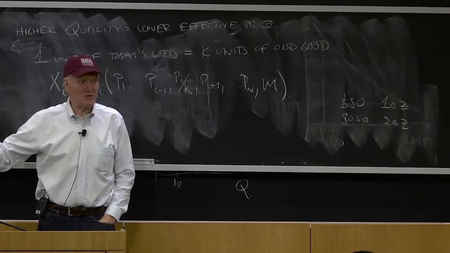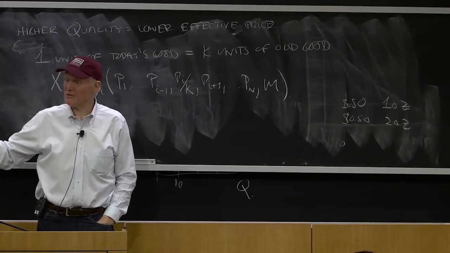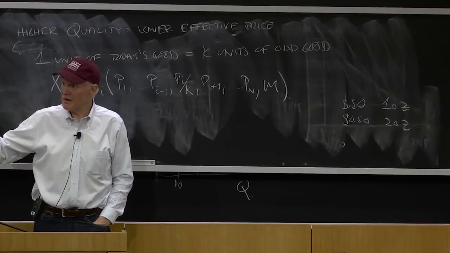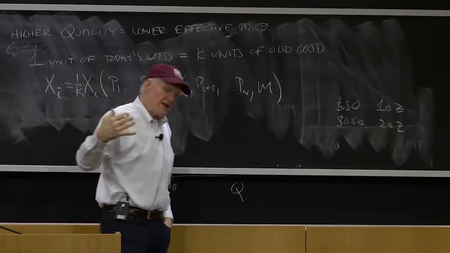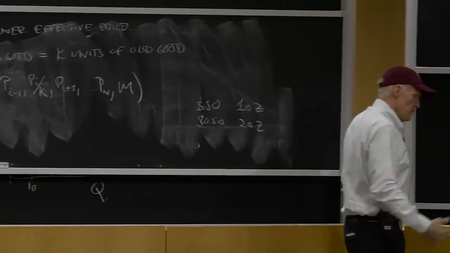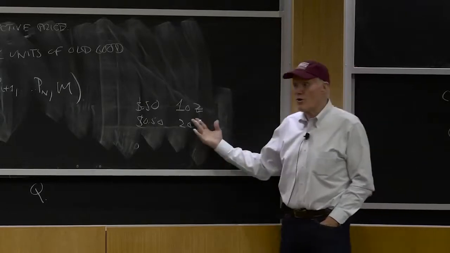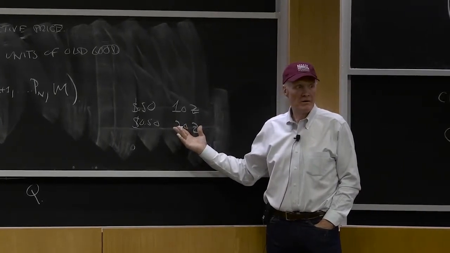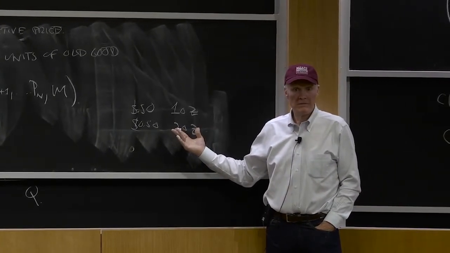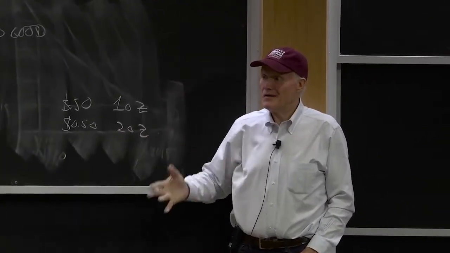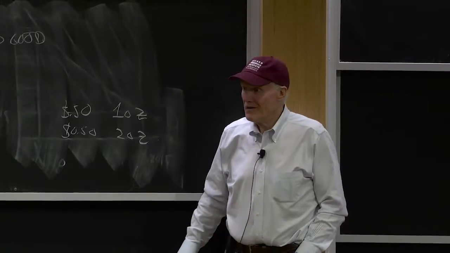So you want more ounces. No question you want more ounces, right? Ounces are cheaper. Every ounce of candy costs half as much as it used to, so I want more ounces. But does more ounces mean more bars? A bar is now 2 ounces.